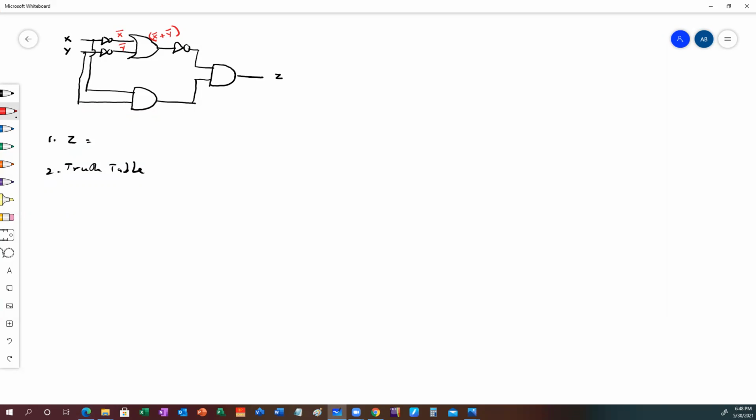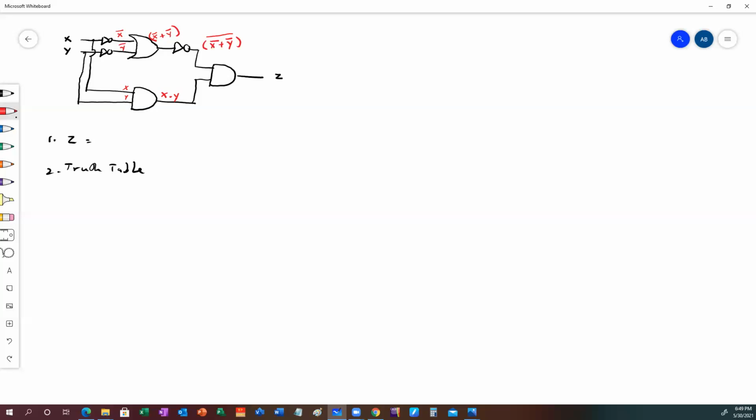Right, then down here you get X. Now here it will be X, Y. So it will be X and Y. You can put that within brackets, but let it free. Right, then here you get X bar OR Y bar, full bar.